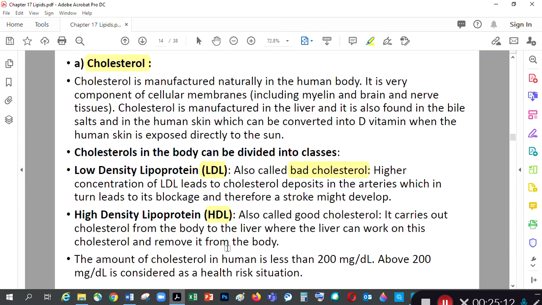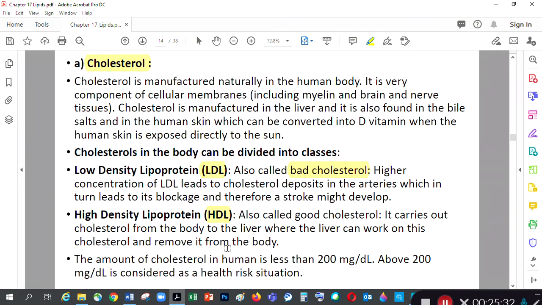And as you can see, the cholesterol in human blood is very important, and it should be less than 200 milligrams per deciliter. If it's above 200 milligrams per deciliter, then it can cause stroke.